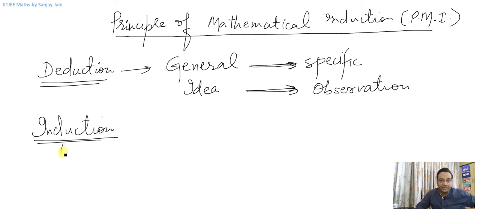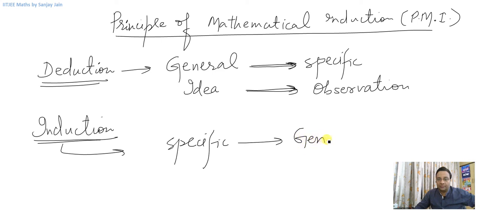But in induction, in simple English language, we can say that we move from something specific to general, right? So we make some cases, specific cases, we observe these cases enough number of times, and we induce that if this case happens, the next will also happen. So there is some kind of chain reaction.